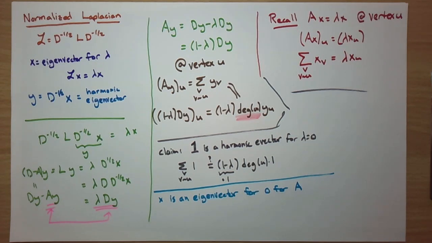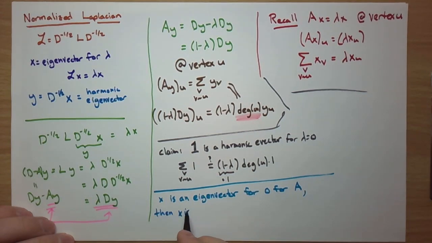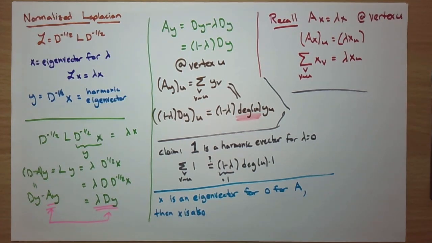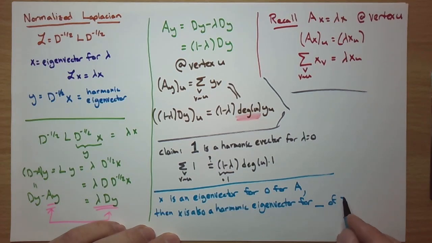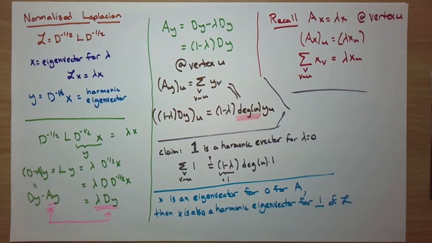All right, not that x is 0, because of course eigenvectors can't be 0. Then the punchline, then x is also what? I feel like it has to be an eigenvector. It's a harmonic eigenvector. That's true. For which eigenvalue? For 1. For 1. Yes.